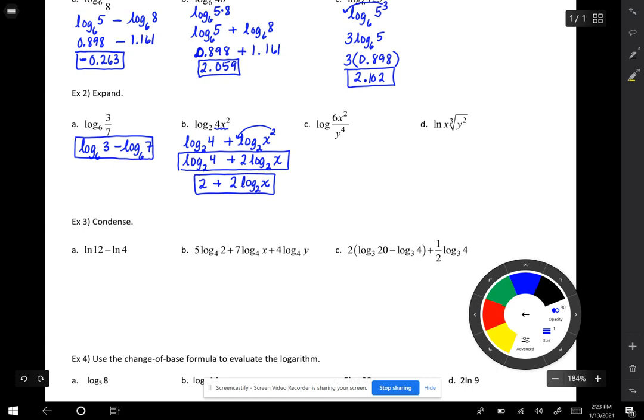Okay, and our next one, log base 6. Oops, the base is 10 actually, because there's no base shown, so that's base 10. These two are multiplied together in the numerator, so you can separate it as log 6 plus log x squared.